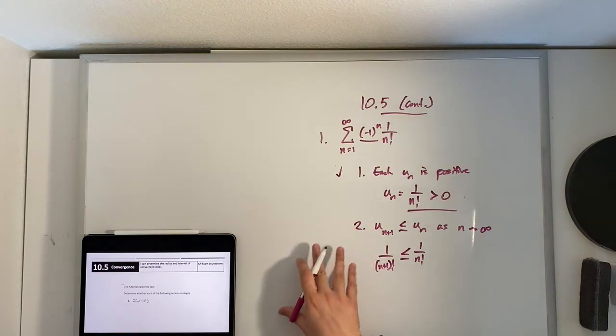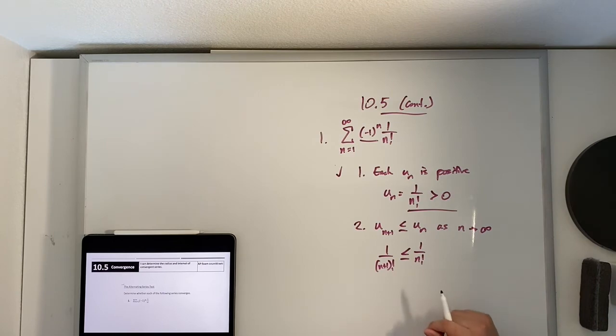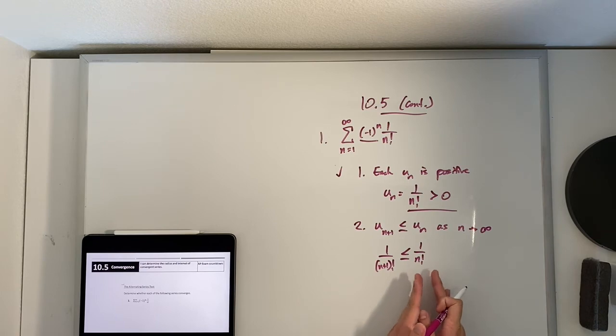Now, this idea, what I'm about to do, is going to bleed into the next convergence test that we look at starting tomorrow. But for now, I like that we're kind of introducing it here. We want this term to be less than this term.